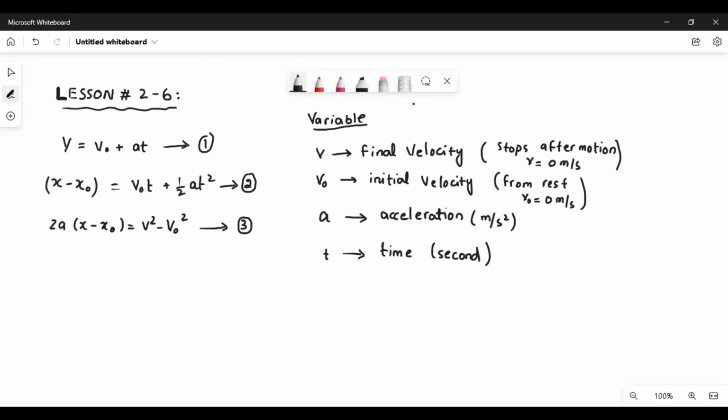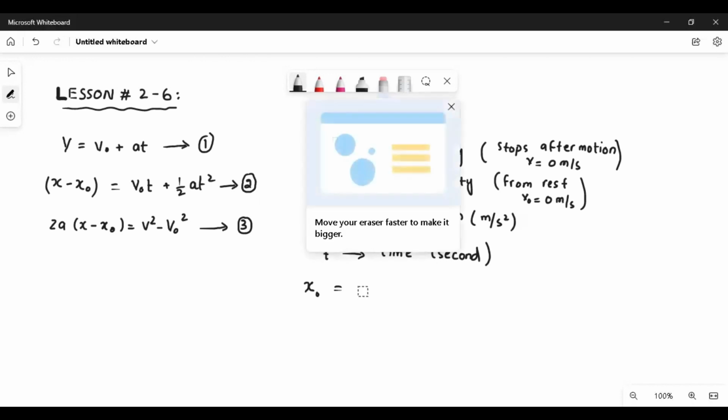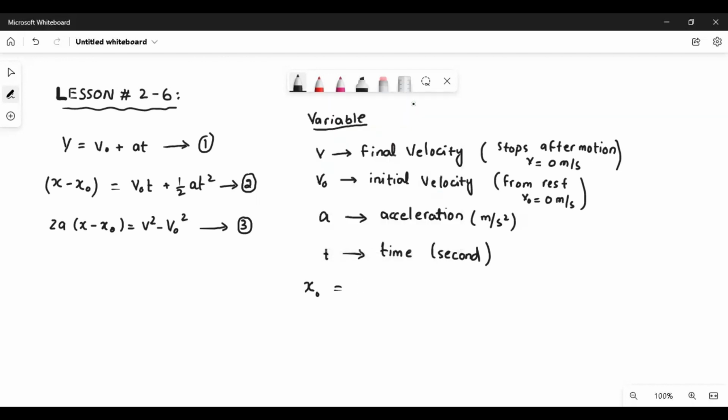And the last, fifth variable is x. So x is actually your final position and x naught is the initial position, but usually x naught is considered as 0. It is actually your position. So x naught is the initial or beginning position, and x is the final position.